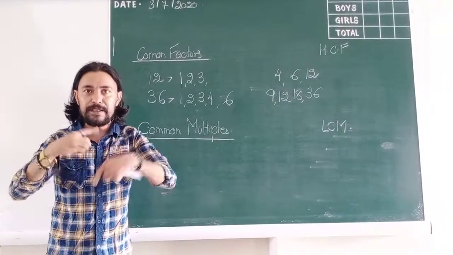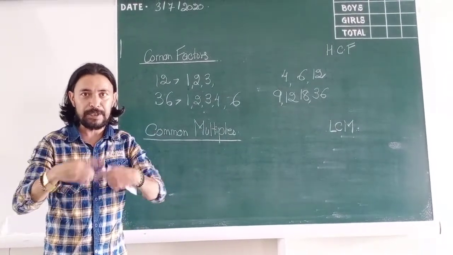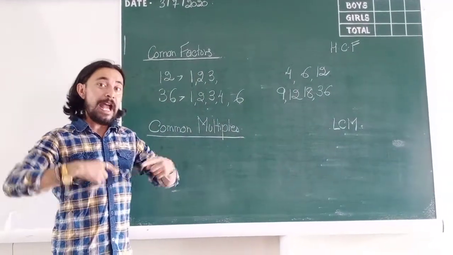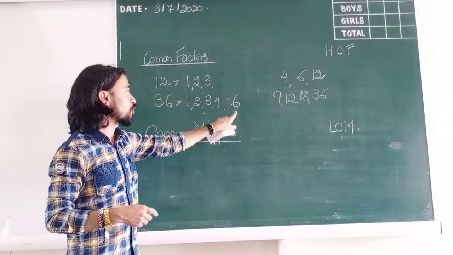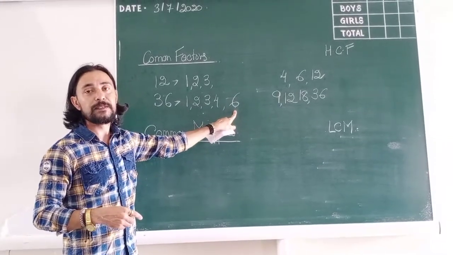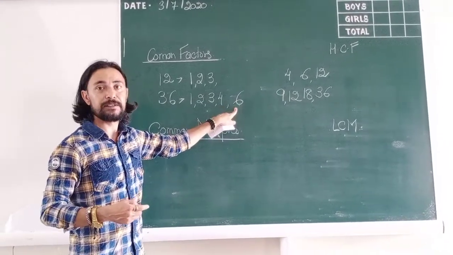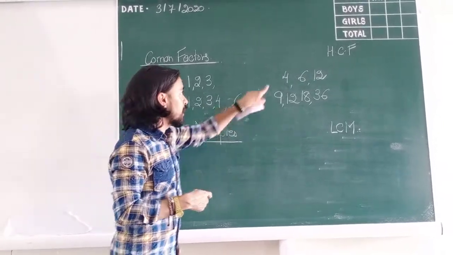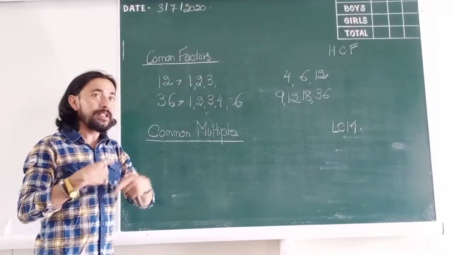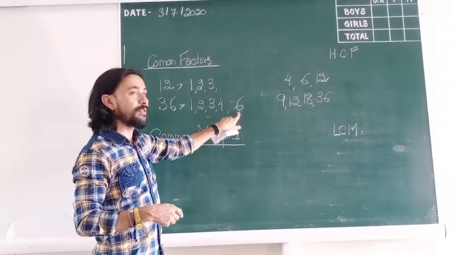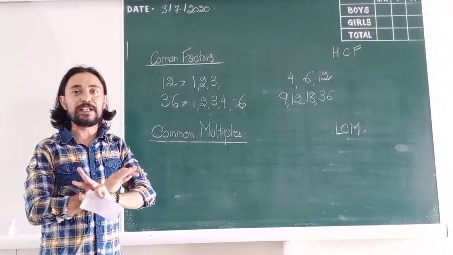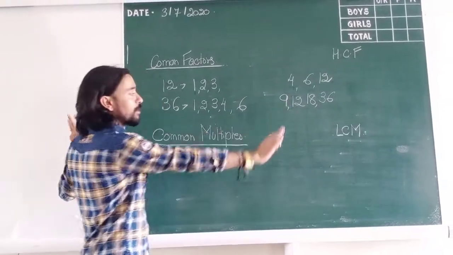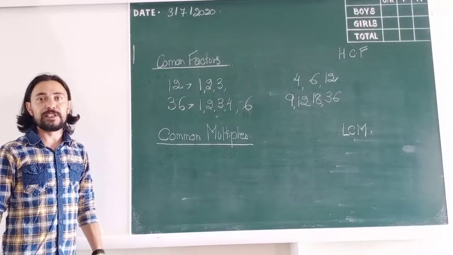The number repeated itself. I can't write double 6. Either the number that you say next is already there, you stop. And if the number repeats itself, then also you stop. You can't write 2 6s. 6 6s are 36. 6 is already there. So, whenever the next number that you say is there, or when the number repeats itself, then you write it only once and that's the end. You don't have to test for 7, you don't have to test for 8, nothing. It's over. These are the limited factors of 36.